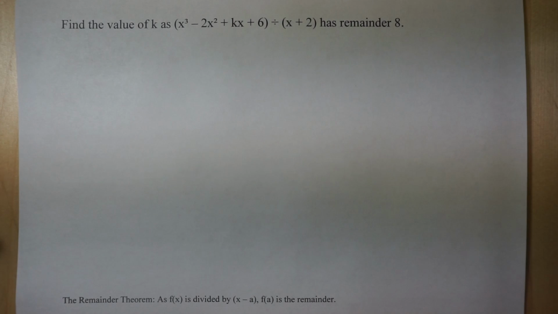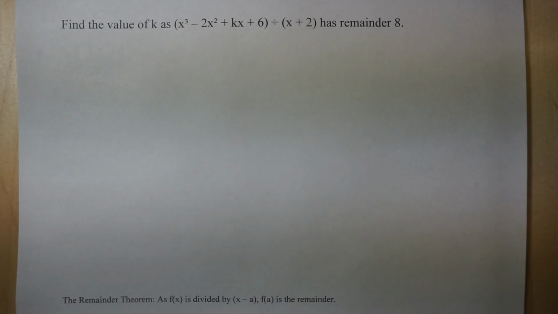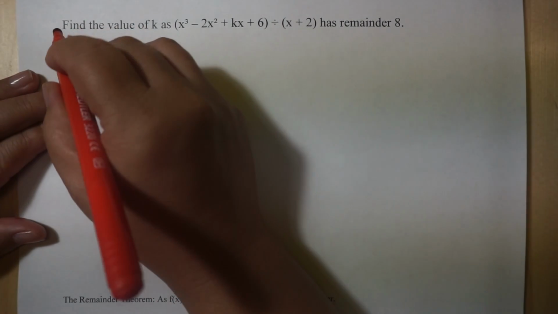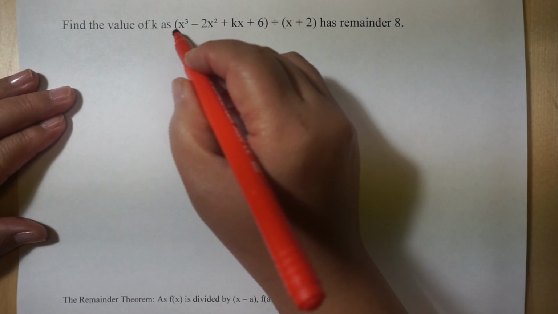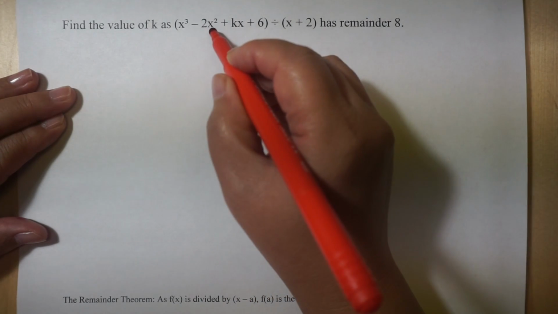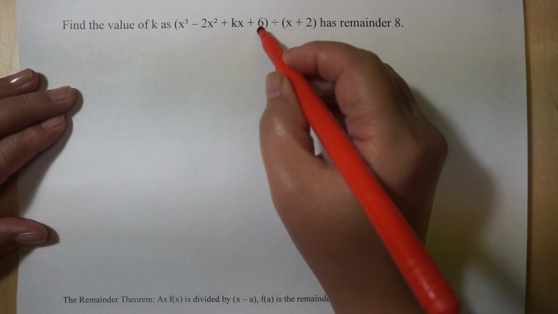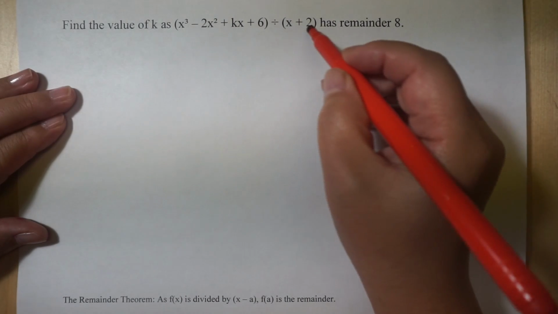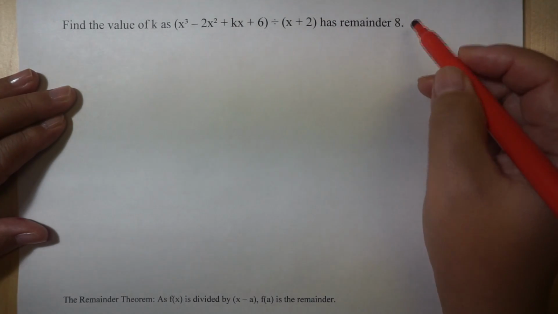So now I'm going to show you 3 solutions of my students to solve this critical thinking problem. Find the value of k as x cubed minus 2x squared plus kx plus 6 divided by x plus 2 has remainder 8.